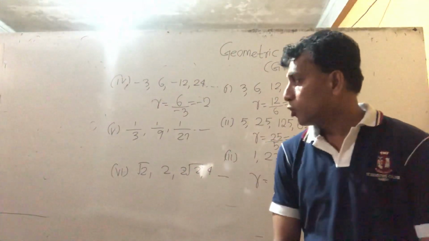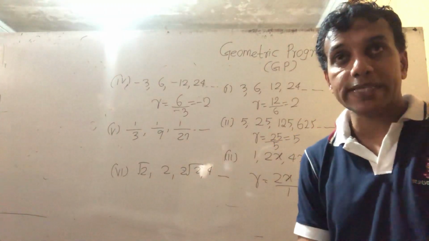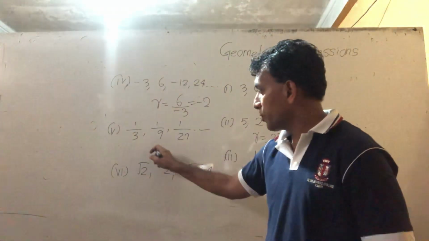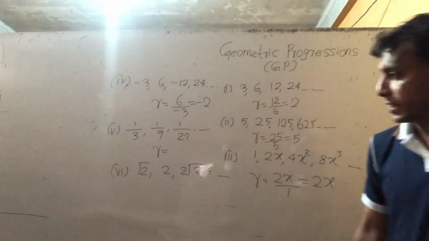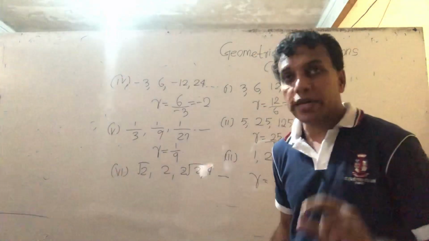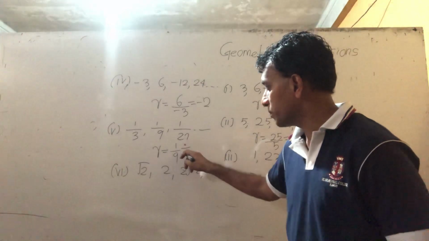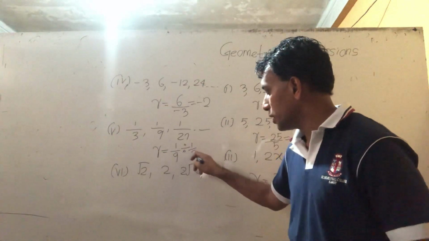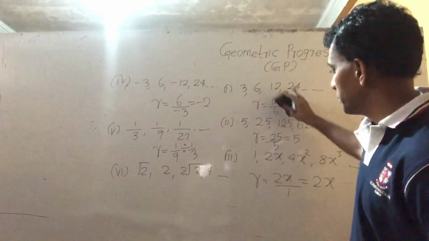Fifth one, 1 over 3, comma 1 over 9, comma 1 over 27. So common ratio R equals, what is the method? Take the next term 1 over 9. Here there's a fraction, therefore I show the symbol of division: 1 over 9 divided by 1 over 3.